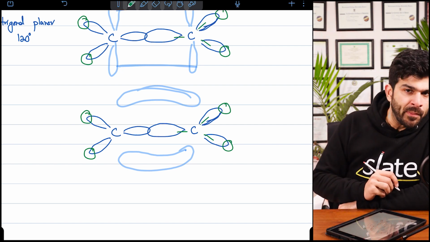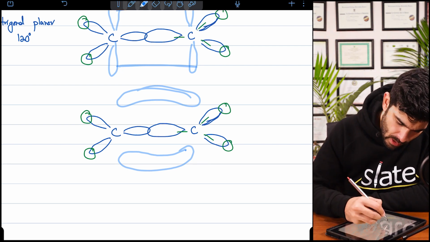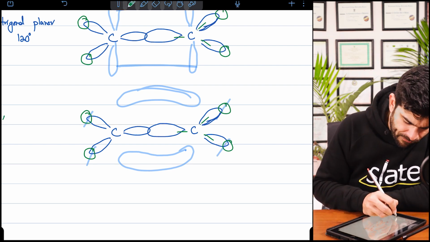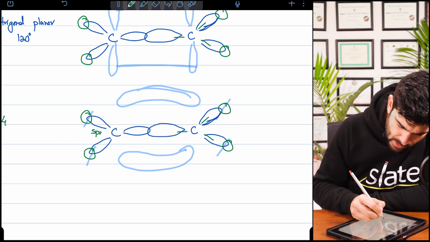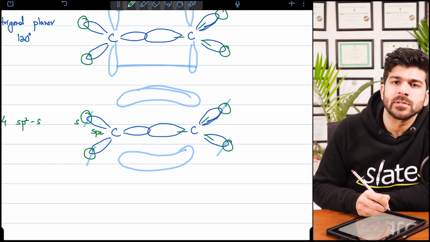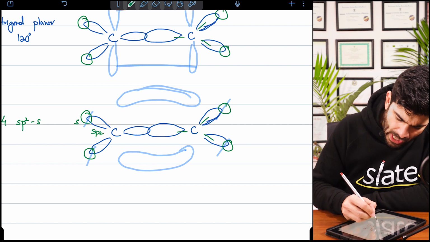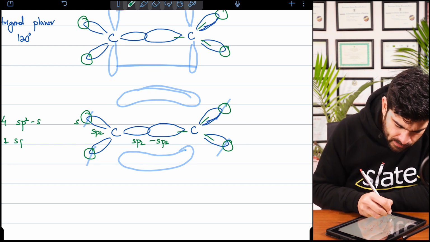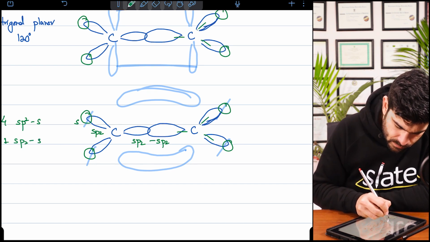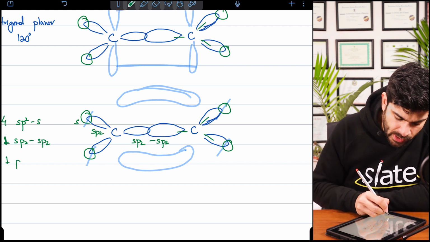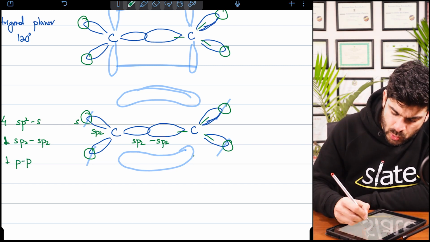So let's count the number of overlaps. 1, 2, 3, 4. We have 4 sp2 s overlaps. We have 1 sp2 overlap. And we have 1 pp overlap as well.